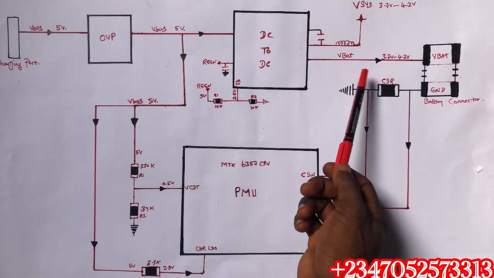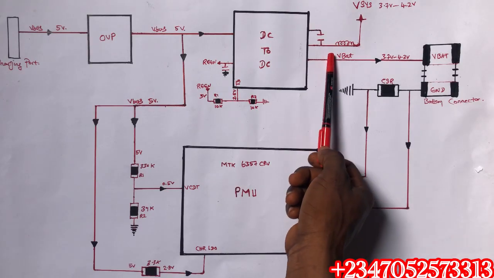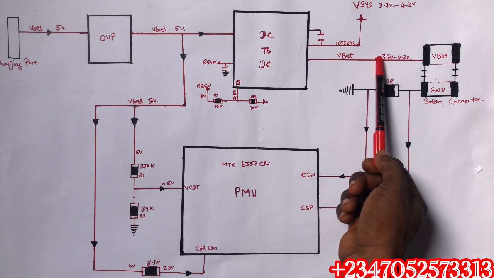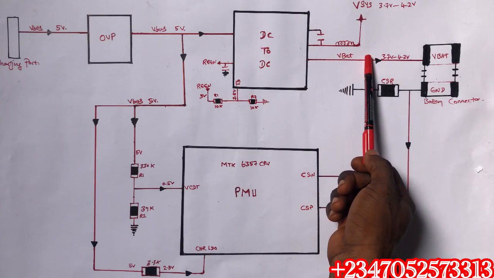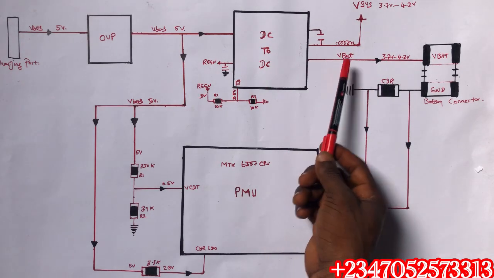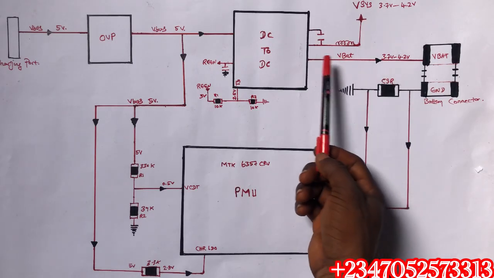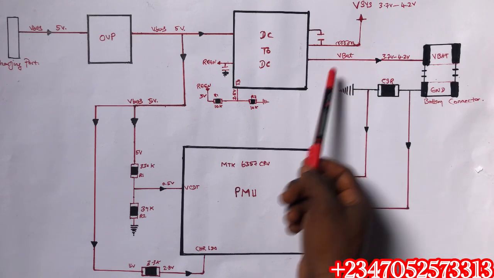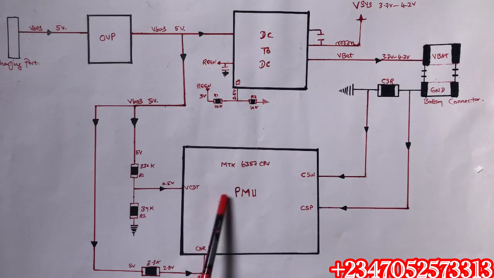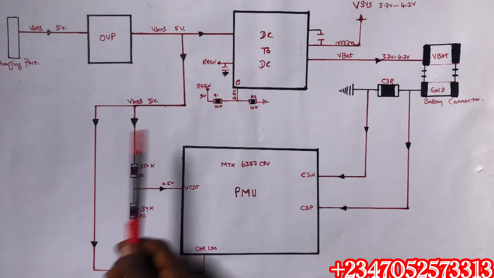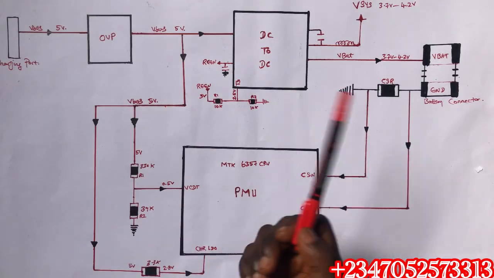Before this VBAT line, there's a line that comes out here, and this line you will see is the V6, voltage for system sense. I've not put that line here because I don't want this video to be too long. If you want to learn more, join our online training. That voltage for system sense will enter straight to your power IC. So that line also is very important. If that line is faulty, your phone will have this same error, charging error, please unplug charger.